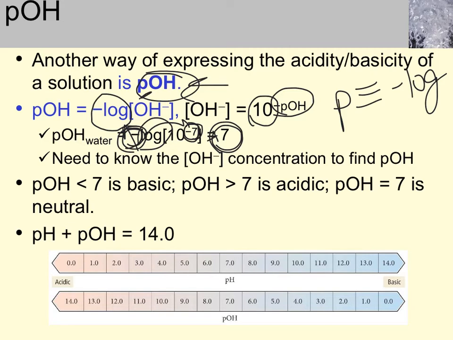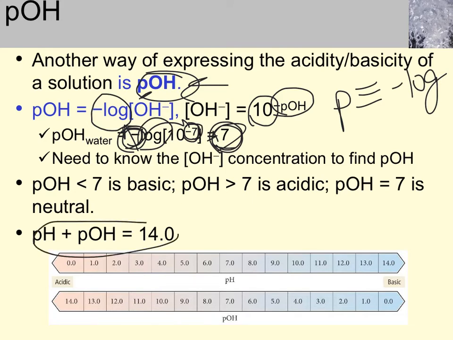So why do we deal with logs? We deal with logs in calculations where we have very small or very large numbers. Numbers with exponents, large exponents or small exponents. It's just easier for people to deal with a value of 7 than a value, for example, of 1 times 10 to the minus 7. That's the whole purpose of log scales.